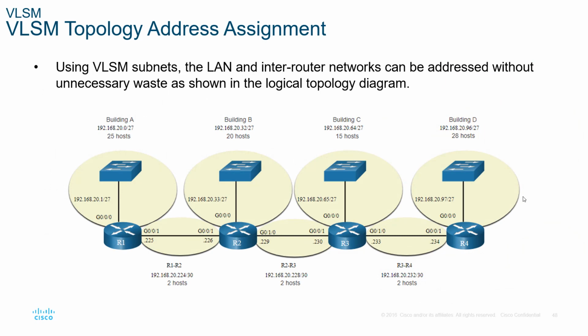Here, again, using VLSM, we're going to subnet the LAN so that we have a little bit better structure. With 25 hosts, with 15 hosts, with 28 hosts, they all fall underneath our 30 usable host range.